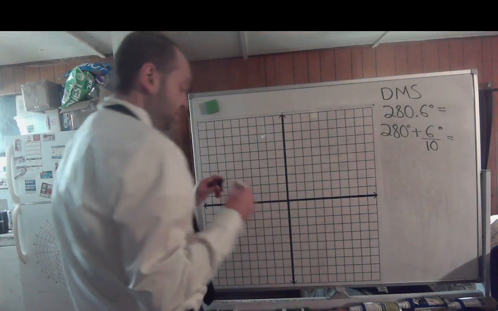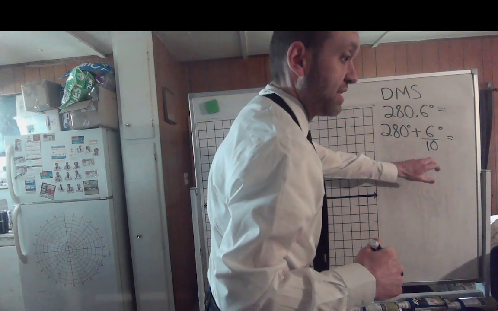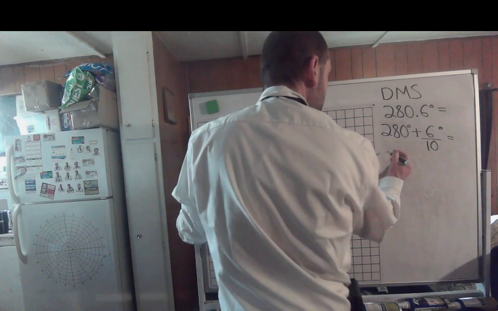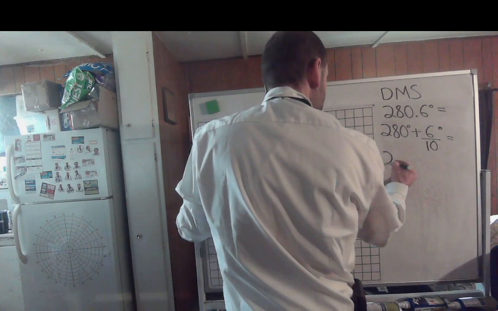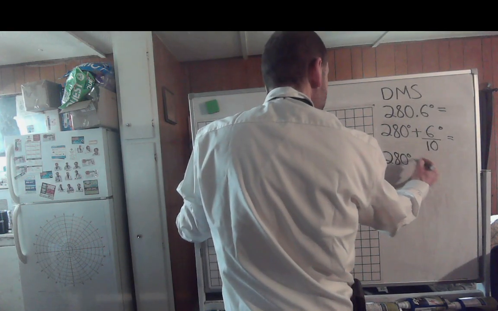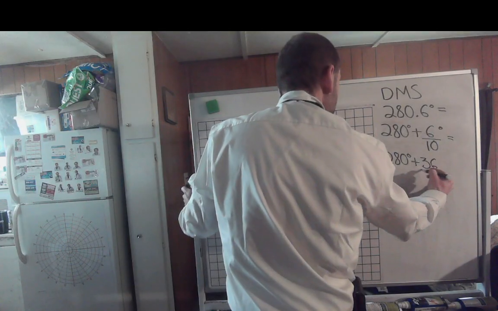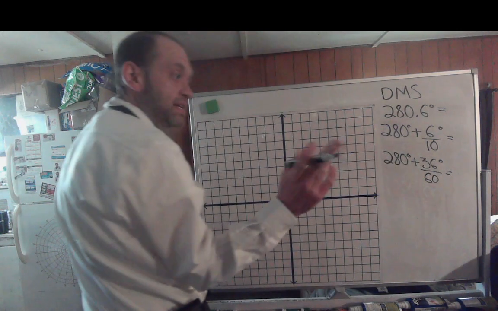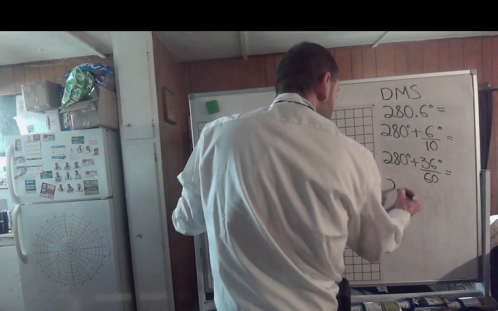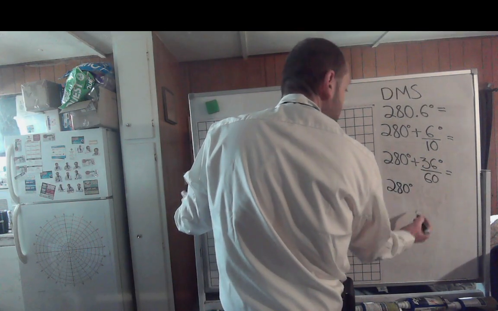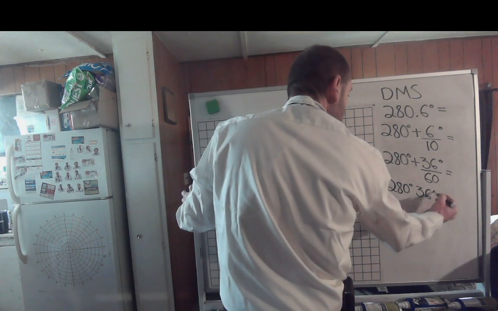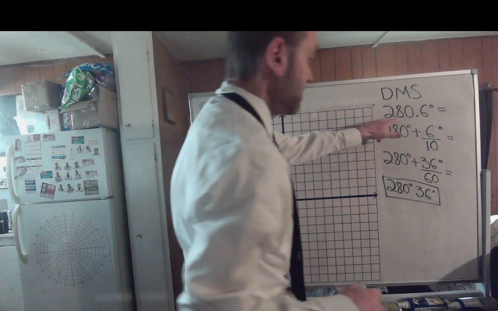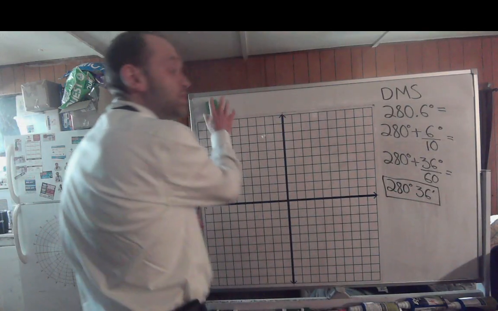Well, in order to get this in degrees, minutes, and seconds, we need to make this a denominator of 60. So this would be the same as 280 degrees plus 36 out of 60 degrees, which once you have that denominator of 60, you would end up with 280 degrees and 36 minutes. That's exactly what this would convert into. This 280.6 degrees would convert into 280 degrees 36 minutes.